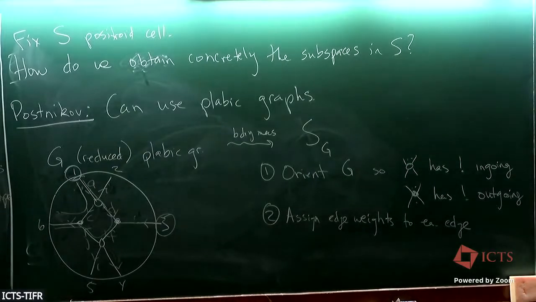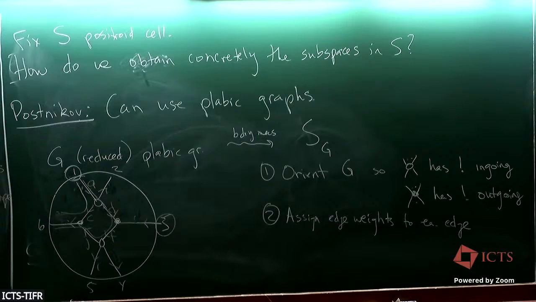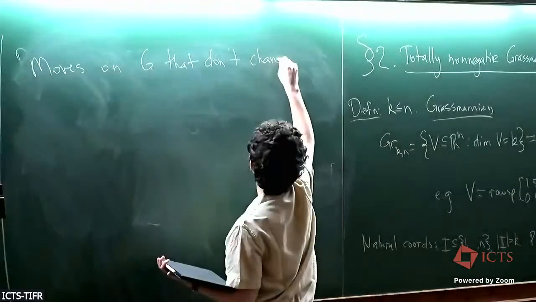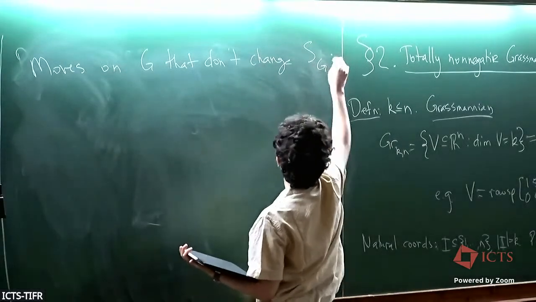Let me just draw the moves really quickly. They're not going to be that important, but I feel it's important to say. So these are moves on the graph G that don't change the cell S_G.